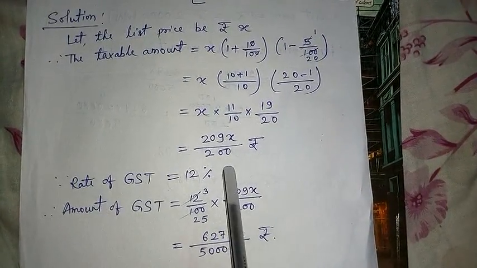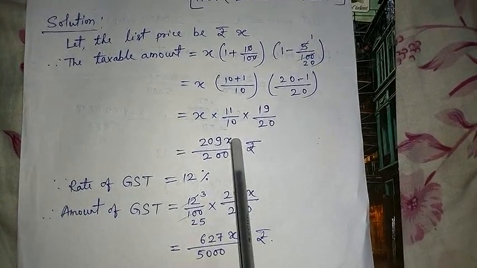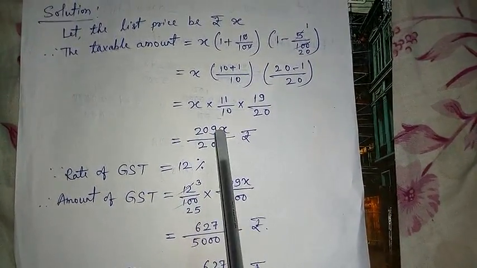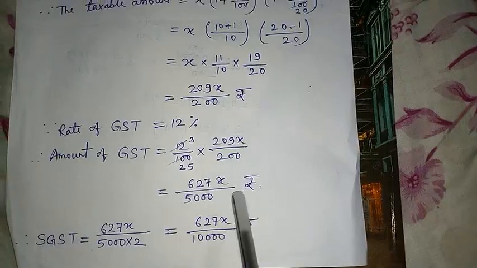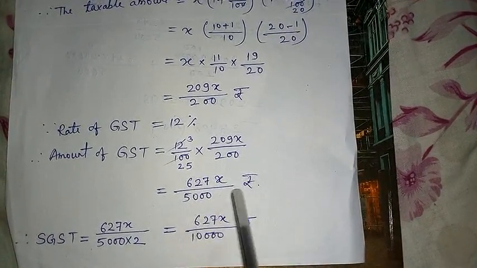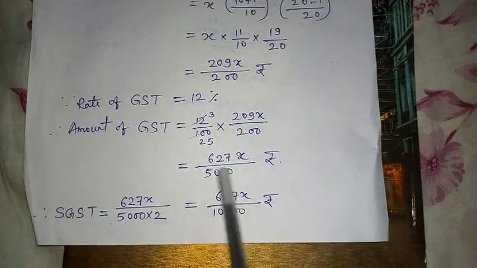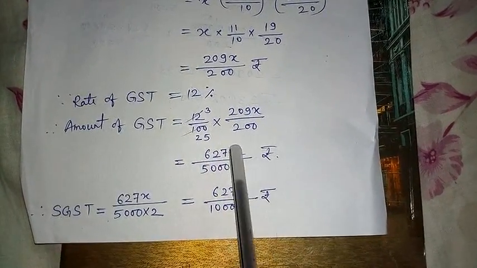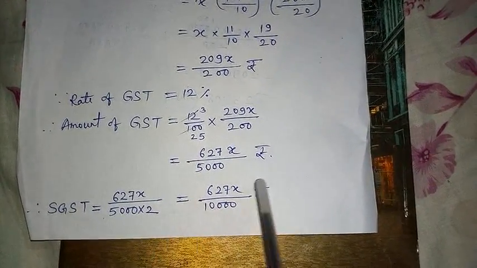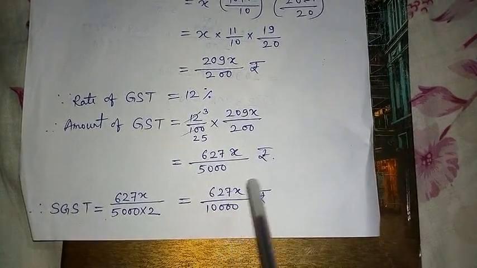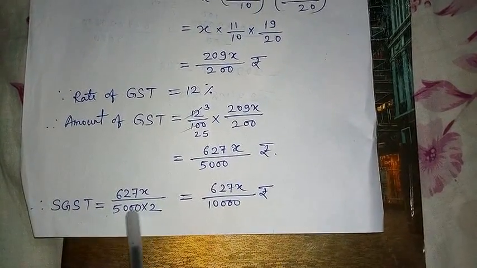Now GST is 12%. So on the taxable amount GST will be put. So 12 by 100 into the taxable amount, and then your GST was 627X by 5,000 rupees. But we know SGST is half of the full GST. So when you do half of this, our answer is 627X by 10,000, because 5,000 into 2.